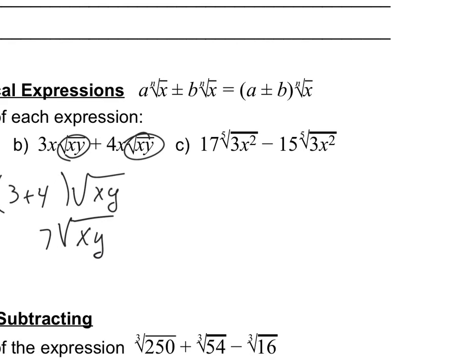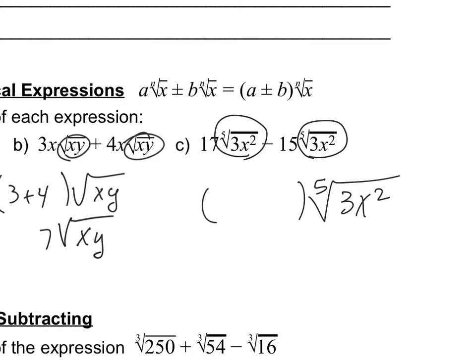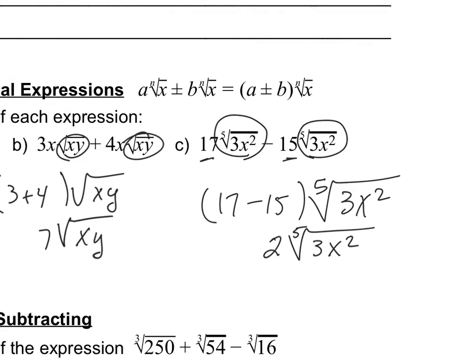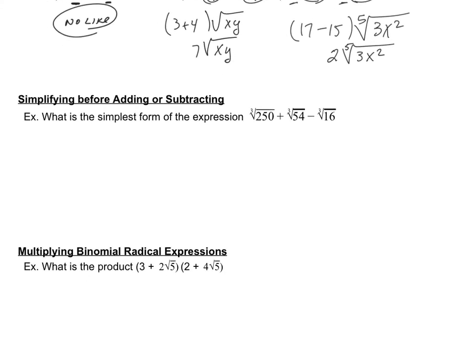And here, again, a like radical: the fifth root of 3x squared, and of course 17 minus 15, and that gives me just 2 of the fifth root of 3x squared. And there you go, that allows me to combine those radical expressions.